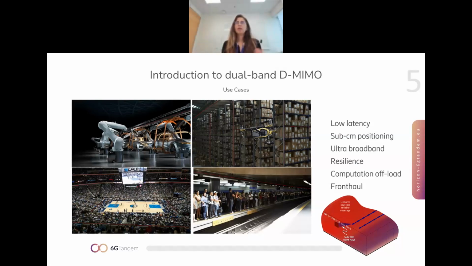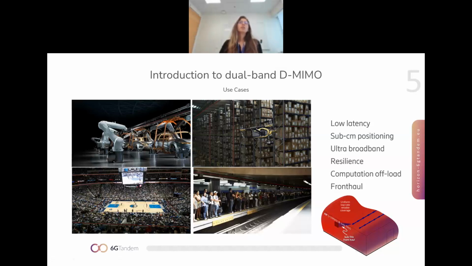It's ultra wideband through the D-band sub-terahertz deployment, resiliency through the sub 10 gigahertz access points, computation offloading and front hauling, and we are hoping, for example, if you happen to have an access point there, to try to front haul it through radio stripes.